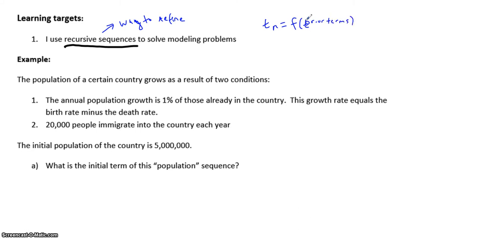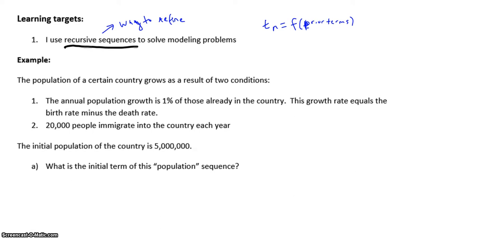That's supposed to be an f there, f of prior terms. So again, just wanted to make sure that clarification was made more obvious, that recursive is not a type of sequence, it's just a way of defining it. And for example, we saw that arithmetic and geometric could both be defined recursively as well as explicitly. That's what we did in the very first lesson of this unit.